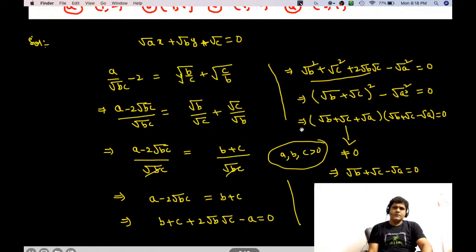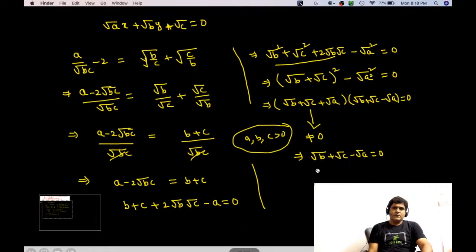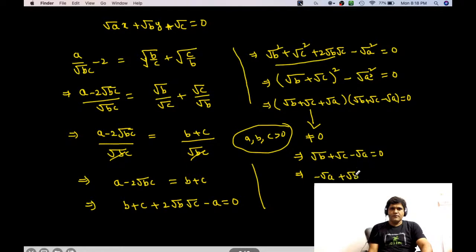Now, by rearranging the terms, you can write this condition as minus root a plus root b plus root c is equal to 0. Here what is our requirement? You make the constant the same. The given family of lines is this one.